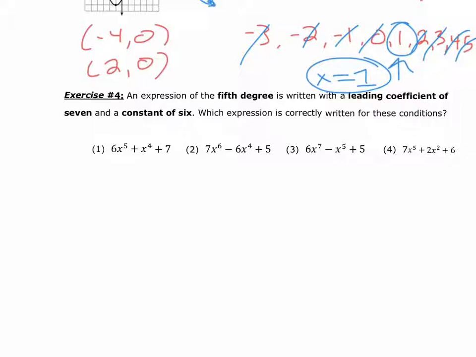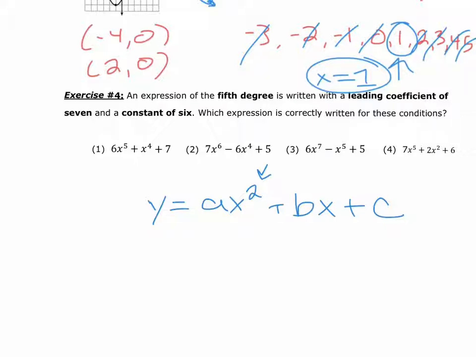What that means, as we kind of talked about before, is our standard form: y equals ax squared plus bx plus c. In any case, no matter what, the highest exponent means how many times it's going to hit your x-axis.